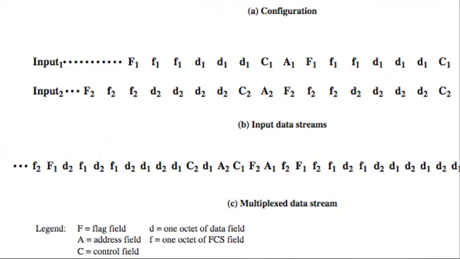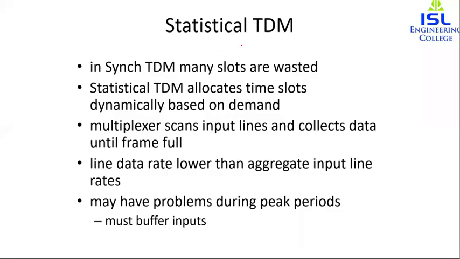Next we have statistical time division multiplexing. In the case of synchronous, the earlier technique, each time slot is pre-assigned. That is, we have time slots 1, 2, and so on up to n, and each of them is pre-assigned to the data being transmitted.